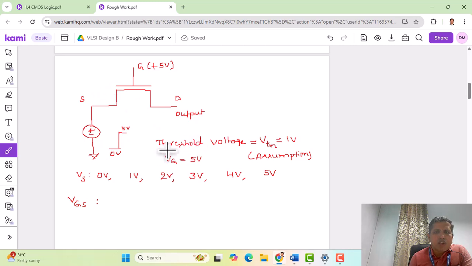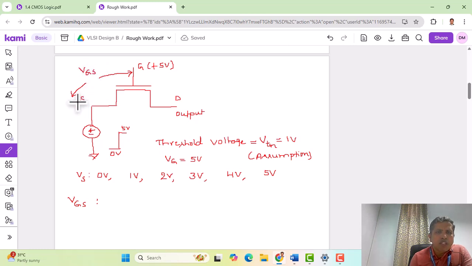Okay, so we all know what we mean by threshold voltage. Threshold voltage is the minimum voltage for the transistor to turn on. Whenever we want to turn this transistor on, we need to apply a minimum voltage between the gate and source. This we call VGS.